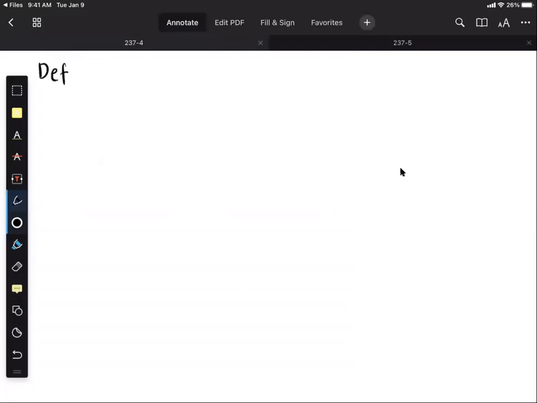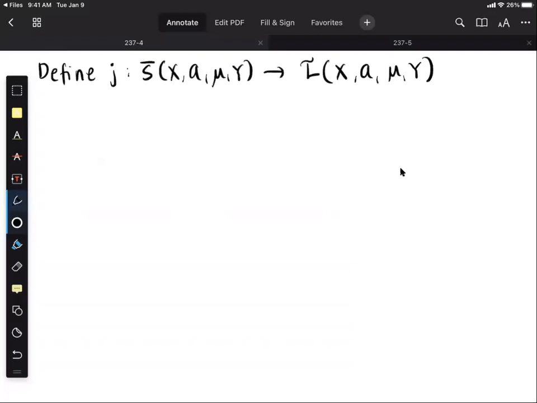Let us define a map, J, from the completion of simple functions into the partition or equivalence classes of Lebesgue-Bochner integrable functions as follows.